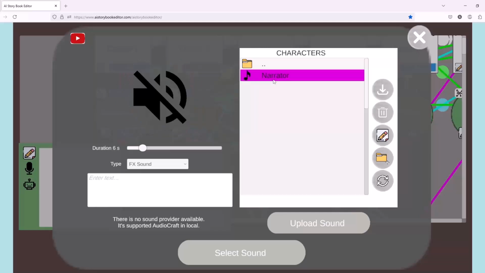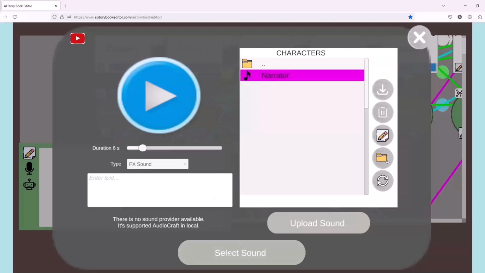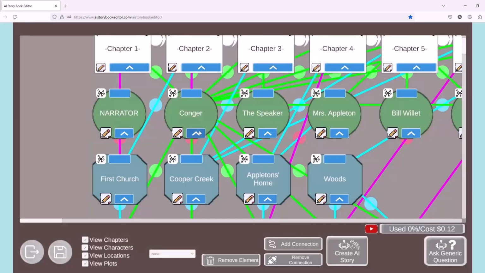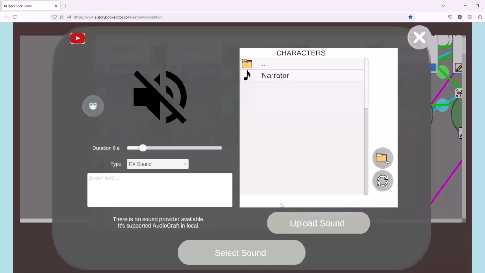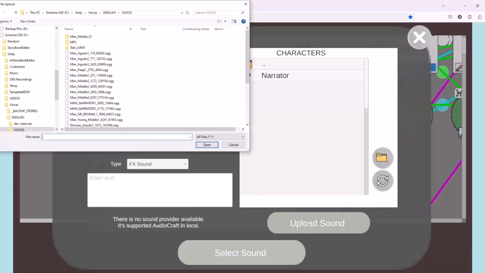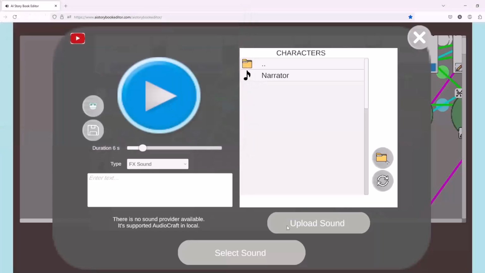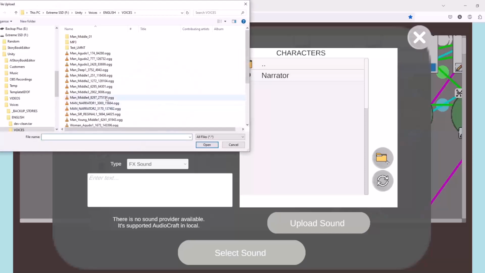Okay, we have cloned the voice, and we can complete the assignation of the voice to the narrator. Let's select the voice for the protagonist. His name is Kirkland. Okay, I prefer another voice.